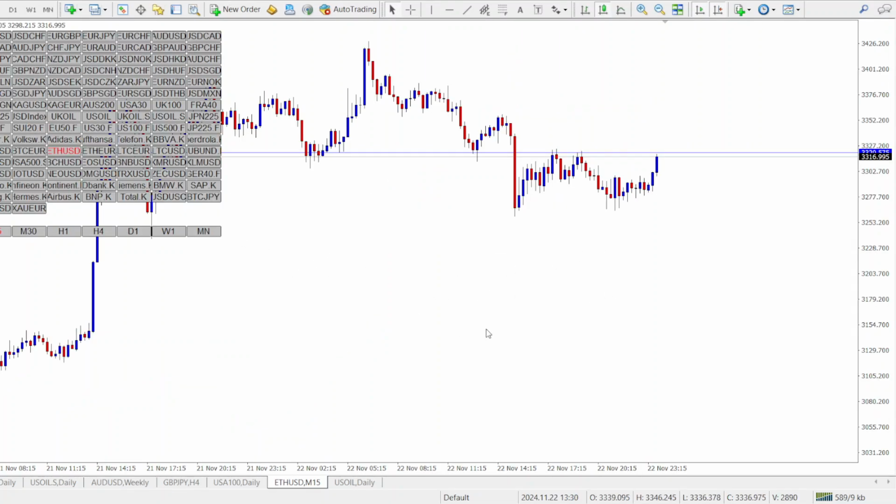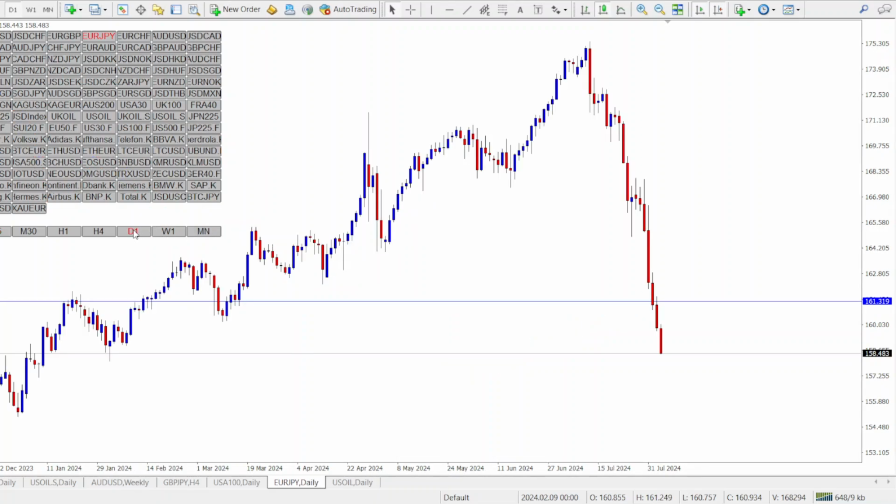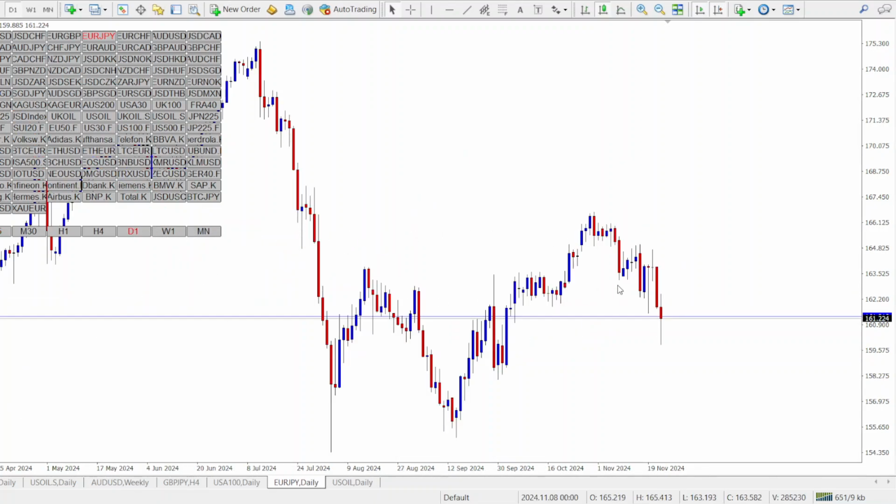One of the kinds of traders that this indicator is really going to favor are traders who use a top-down trading approach. If you use a top-down approach and analyze multiple currency pairs at the same time, then the symbol changer indicator is going to come in really handy, because from one place you will be able to navigate through different currency pairs and time frames.